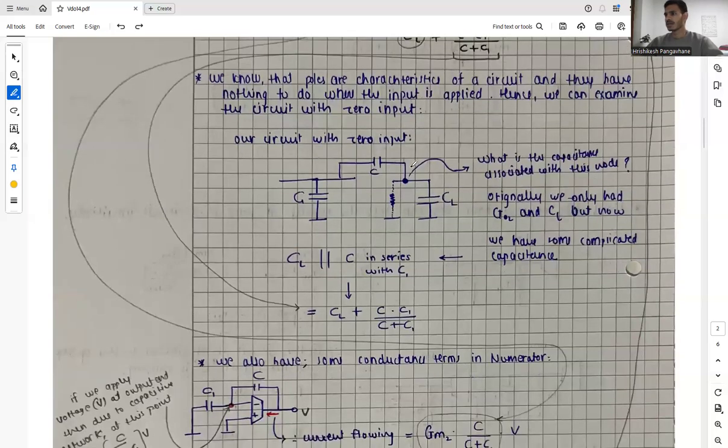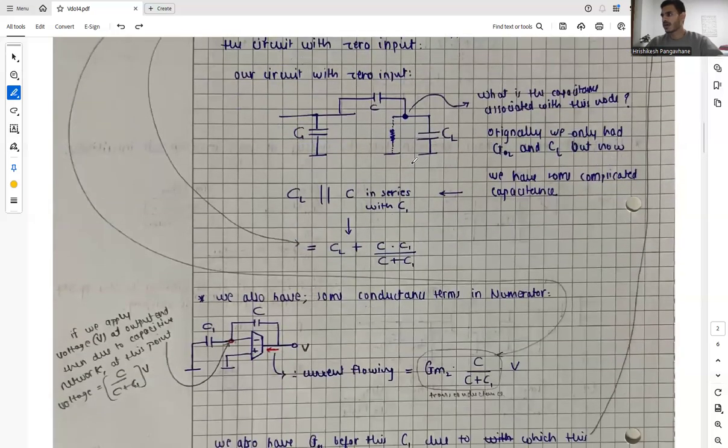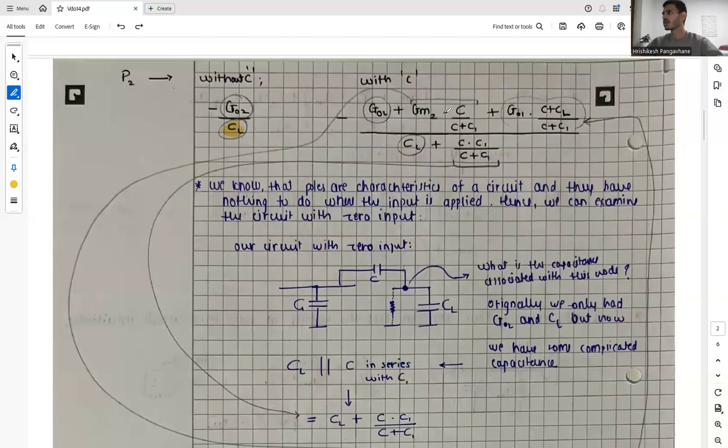We can also say that we have some conductance terms in the numerator, and those are this and this.